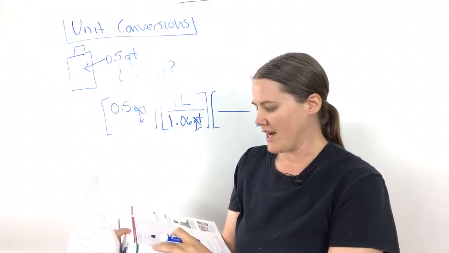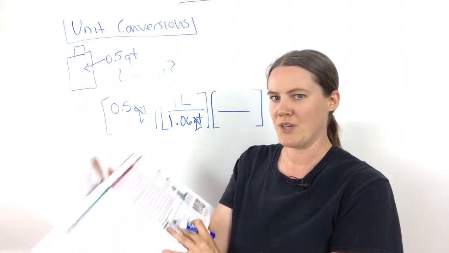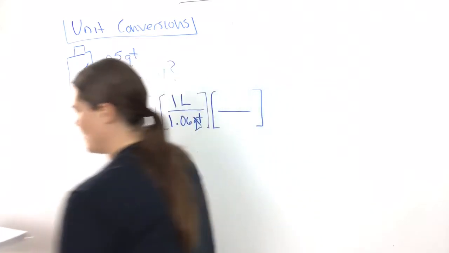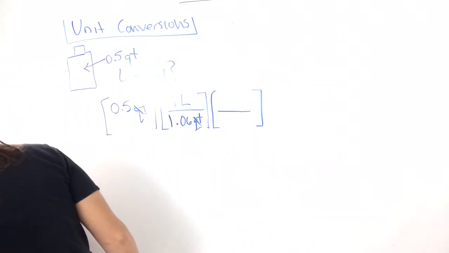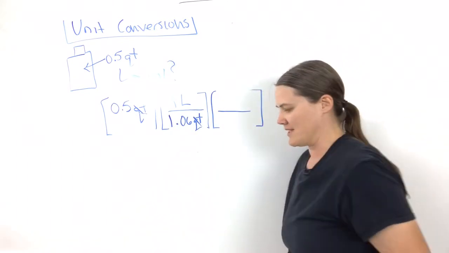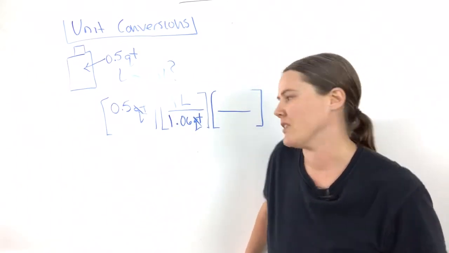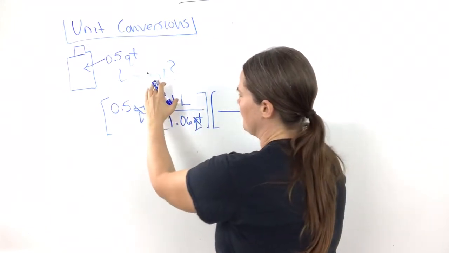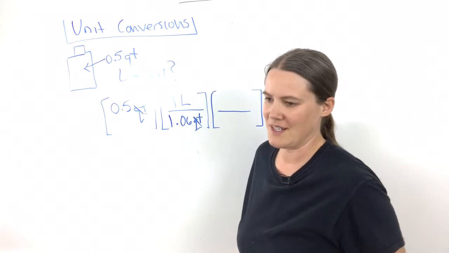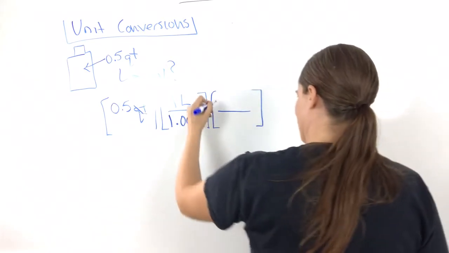But if you didn't know that, you could reference this metric and SI prefixes table in your book, or you could just Google it, unless it's an exam, then you can't just Google it. But if you're doing homework or if you're doing this in real life, like you need to convert something for your job down the road, you could just Google convert 1 liter to milliliter, and it'll tell you the conversion factor.